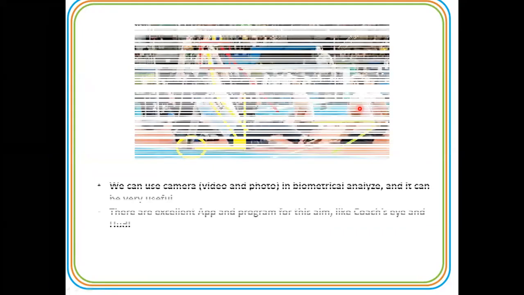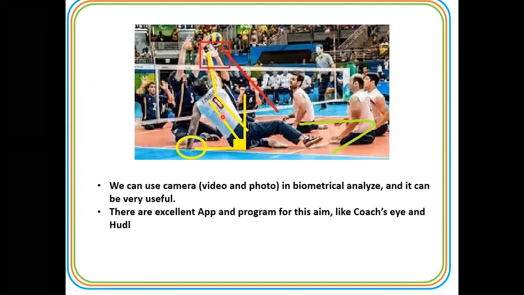The other way is using pictures or video for biomechanical analysis. For example, I want to explain this picture for you. In this picture, we have a good attack coverage here with three players.